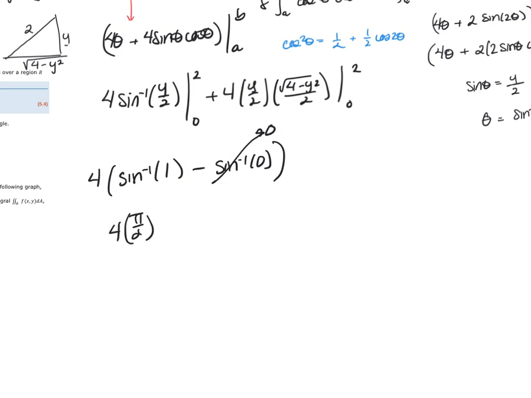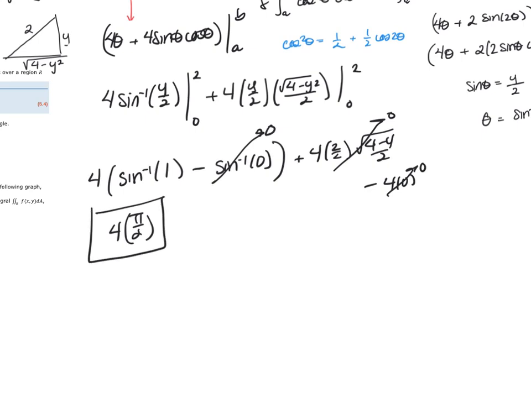And then this is going to be 4 multiplied by 2 over 2, and then I'm going to have the square root of 4 minus 4 over 2. Oh, that's 0, so that's nice. And then minus 4 multiplied by 0 and everything else, so that goes to 0. So my answer is this: units squared, or cubic units, of course. So 2 pi units cubed.